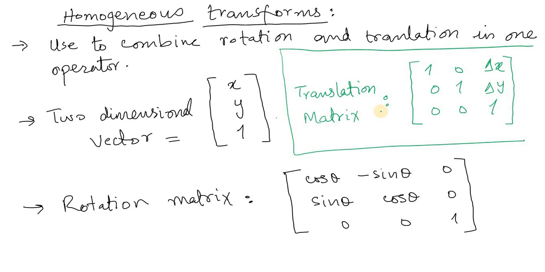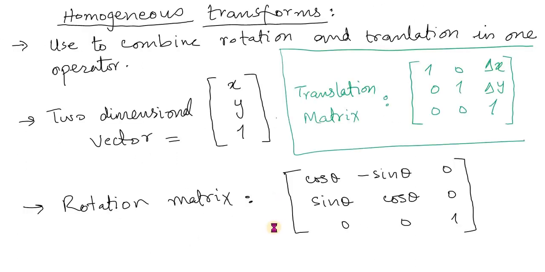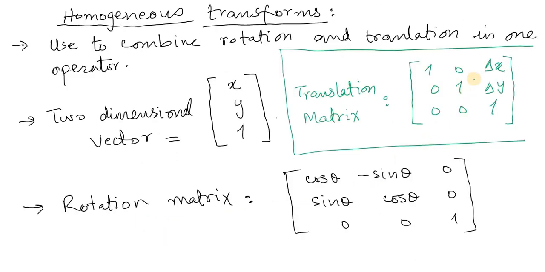Now when you multiply this translation matrix with any coordinates, it will give you the translation effect. So you multiply this translation matrix with some kind of vector, and your coordinates will be translated.